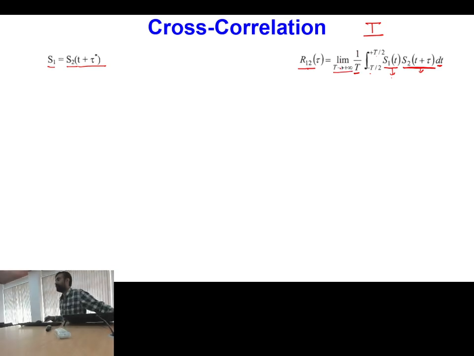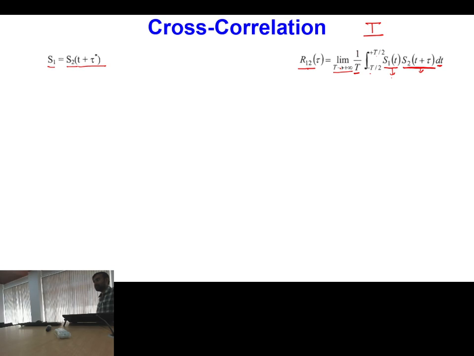The period of measurement should be large, so that the instantaneous fluctuations are averaged out. Is this point clear? So instantaneous fluctuations are averaged out. That is the interest.